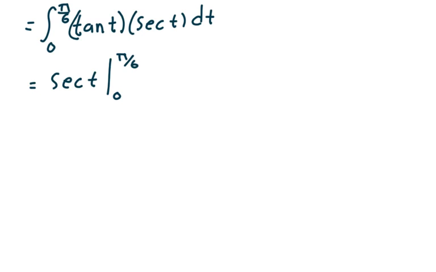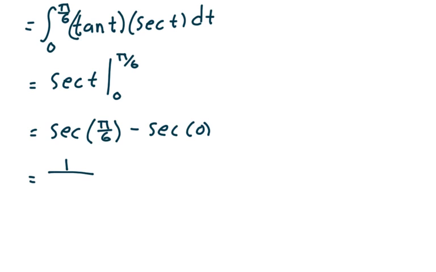Okay, the derivative of secant t is secant t tangent t. So if I replace t with pi over 6, I get secant of pi over 6. If I replace t with 0, I get secant of 0. Now, I look at this as 1 over cosine of pi over 6 minus 1 over cosine of 0.